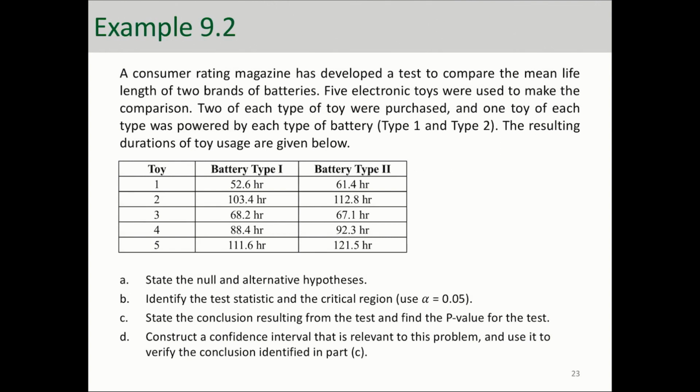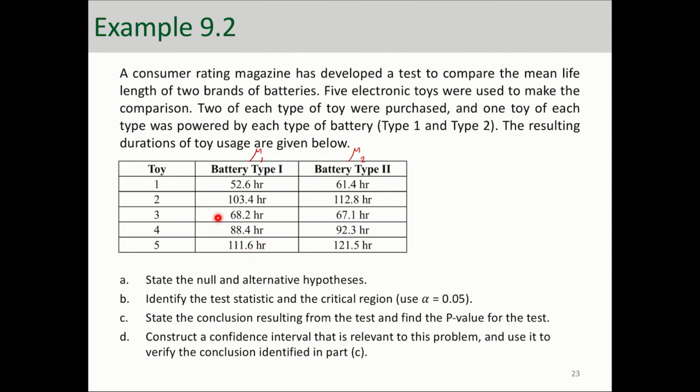In this video, we're going to look at this example that is designed to compare two types of batteries, and specifically their life length. We compare them as essentially two populations, mean length of battery type 1, mean length of battery type 2.